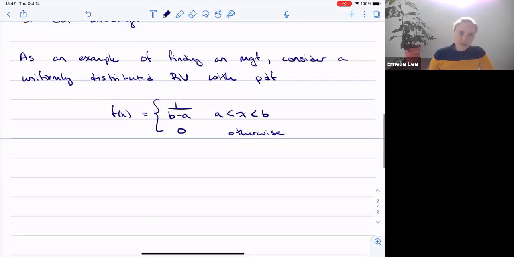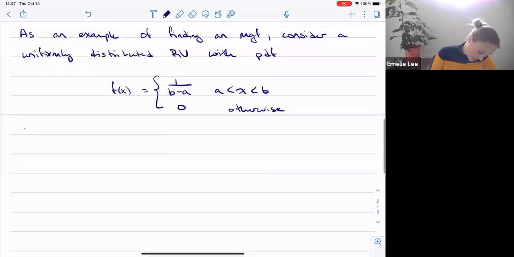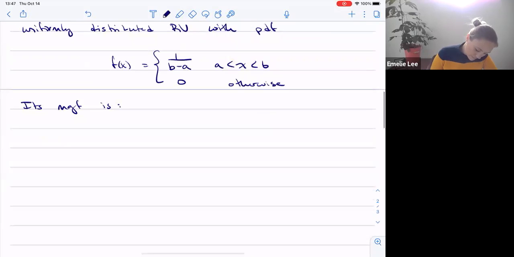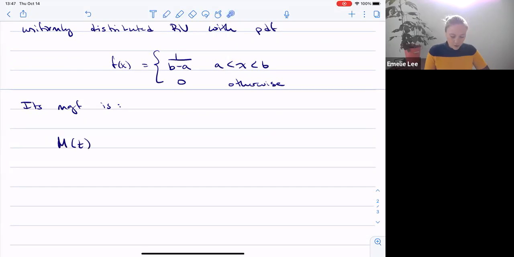So to find the MGF of this continuous function, right? Because notice here we have this continuous function, so we have to take the integral, right? And so its MGF is, I'm going to drop the subscript x here, M of t, because it's obvious that x is going to be the variable.